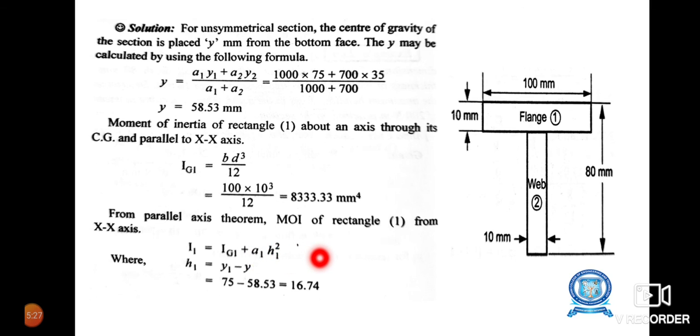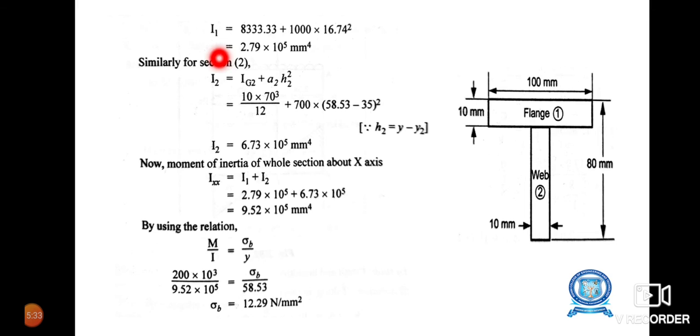We have calculated the h1 value. So I1 is equal to 8333.33 plus 1000 into 16.74 whole square. So the value of I1 is equal to 2.79 into 10 power 5 millimeter power 4.